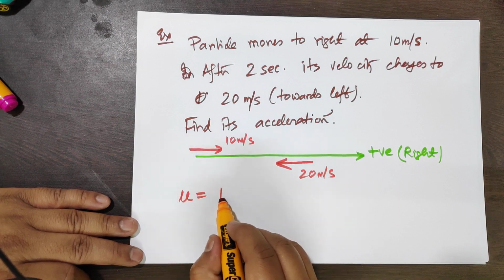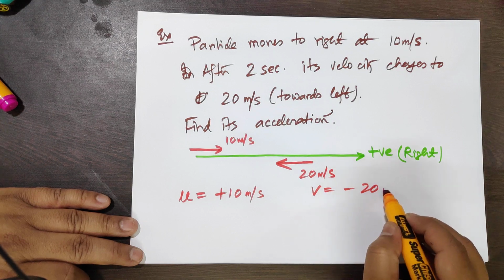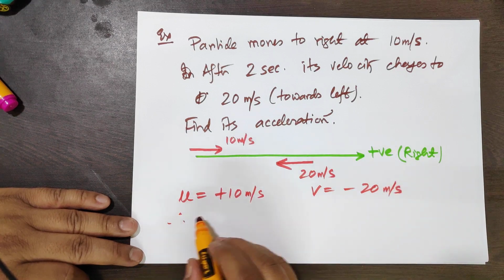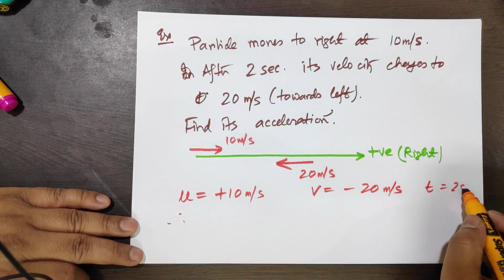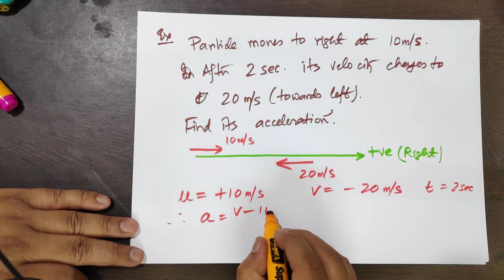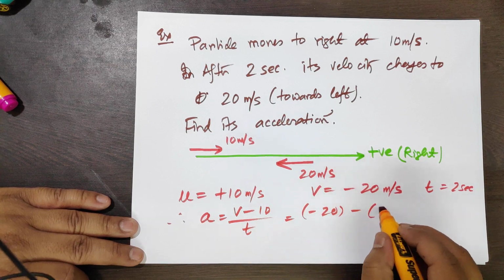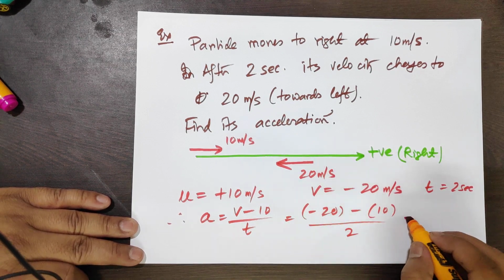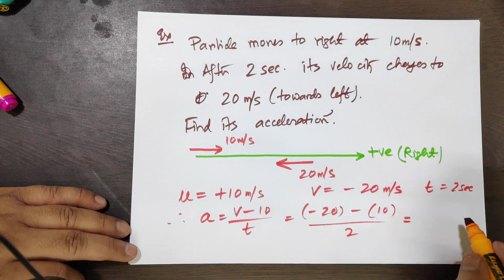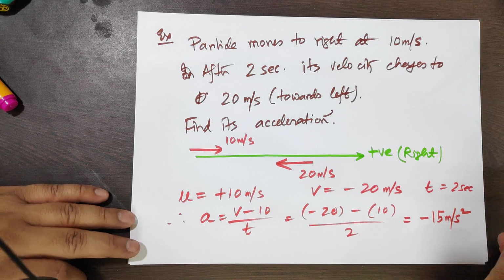So u equal to plus 10 meter per second and v equal to minus 20 meter per second, and t equal to 2 second. So therefore a equal to (v minus u) by t, that is (minus 20 minus 10) by 2, this happens to be minus 15 meter per second square.